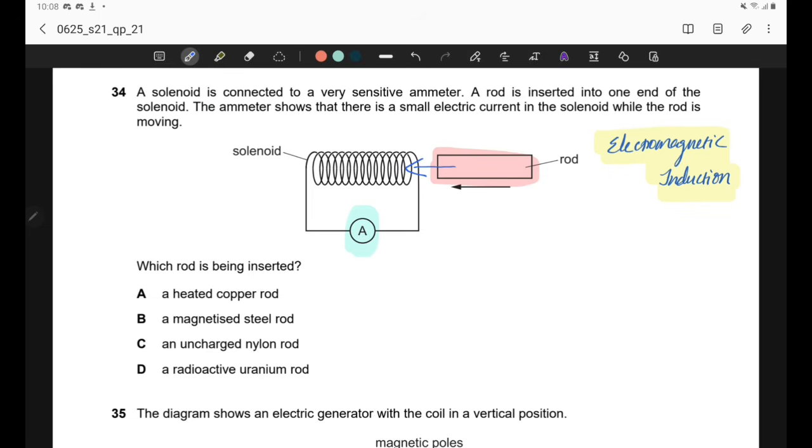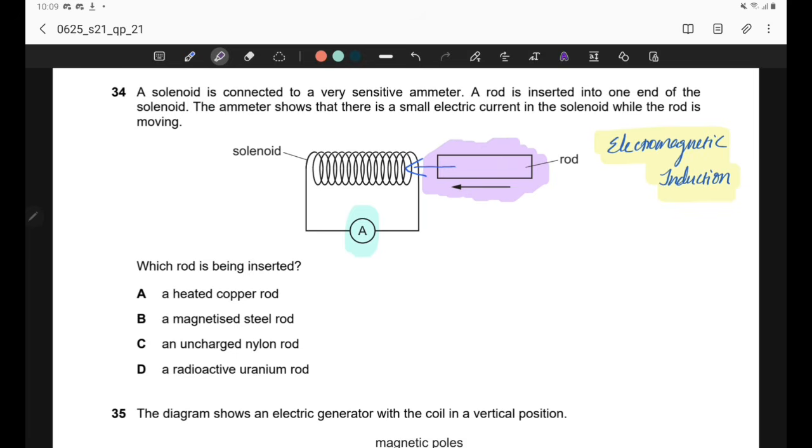Now, in order for electromagnetic induction to occur, what material should this rod be made of? So we know that electromagnetic induction is a property in which electricity generates when the magnetic field lines are being cut. For this, the rod must be a magnet.